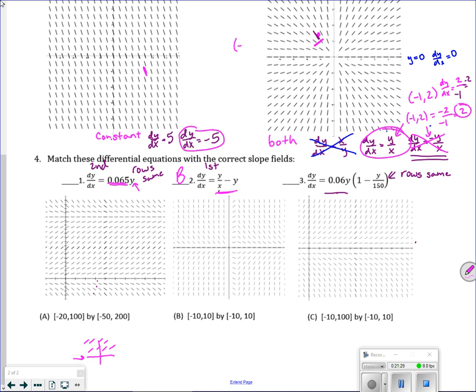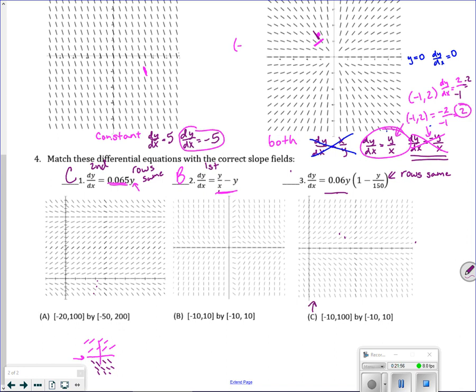If I put in a y that is negative, then my slope is going to be negative, so my lines down here have to be doing this. Correct? Okay. Well, so which one follows that? This one does. Sorry, I was looking at this. This one does, so my answer is, sorry, the C goes with this.